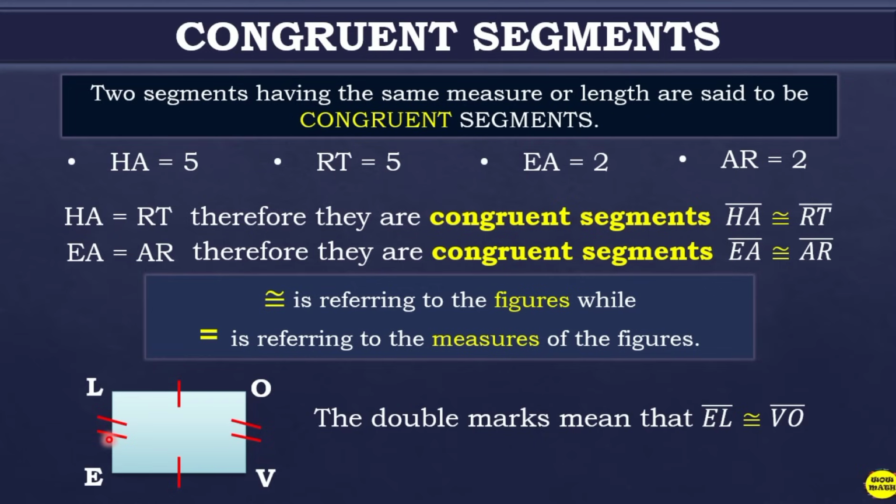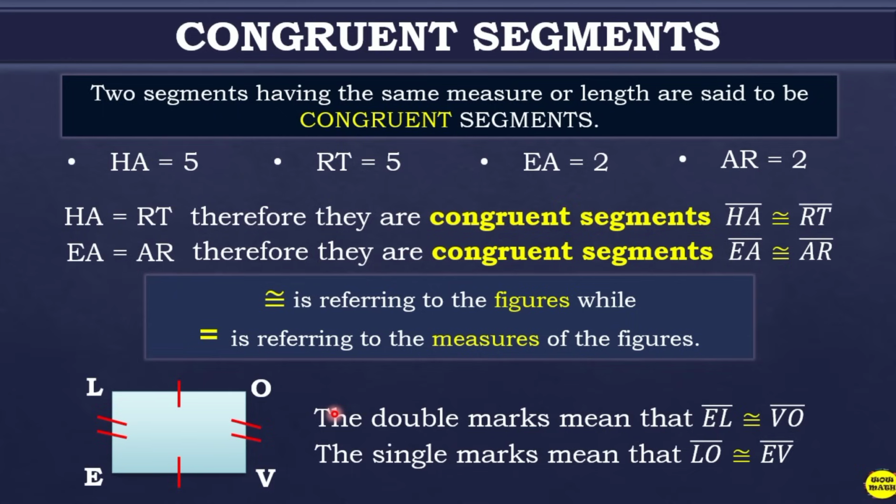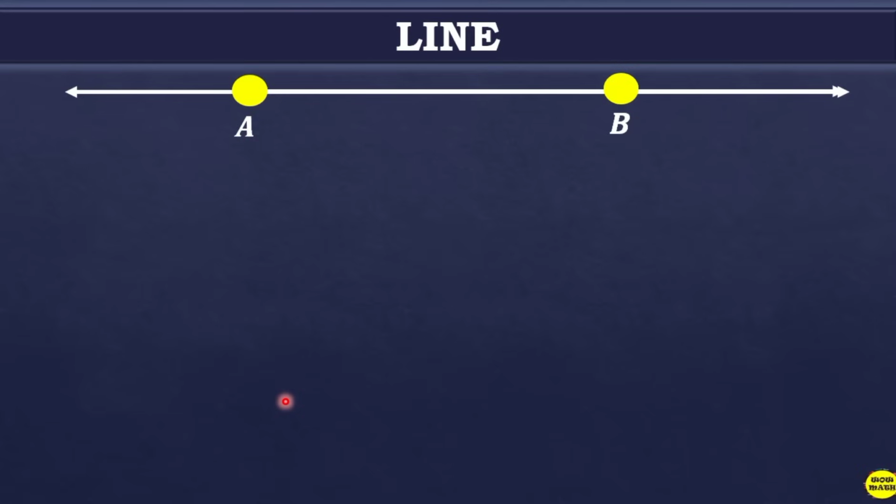Next, the single marks mean that line segment LO is congruent to line segment EV. This is another way of showing that the segments are congruent. You can make use of marks or tick lines.